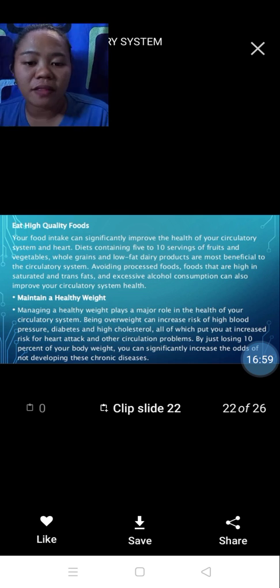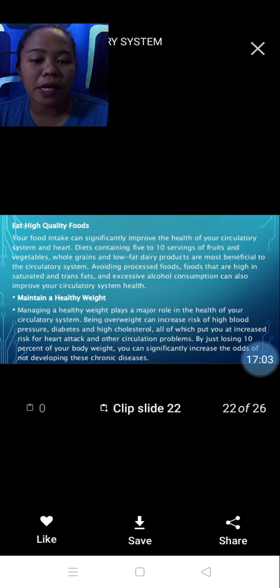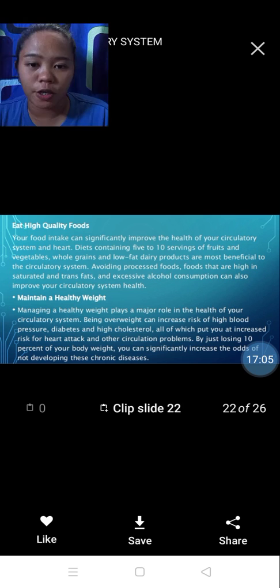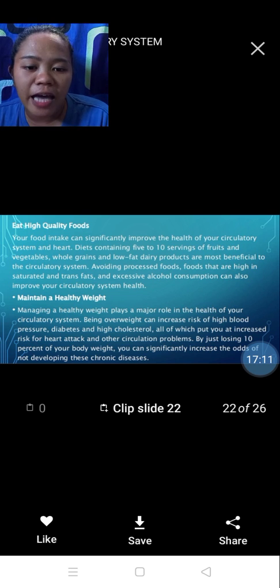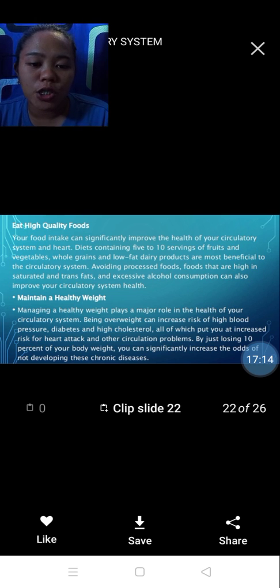And you need to maintain a healthy weight. Managing a healthy weight plays a major role in the health of your circulatory system. Being overweight can increase your risk of high blood pressure, diabetes, and high cholesterol, all of which put you at increased risk for heart attack and other circulation problems.